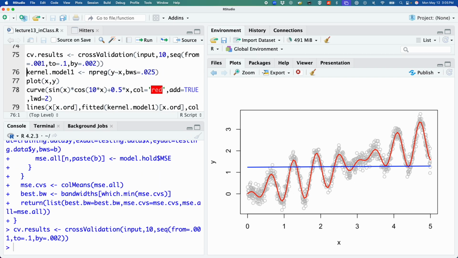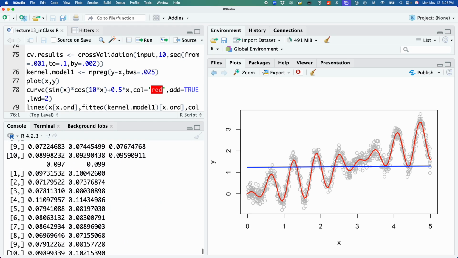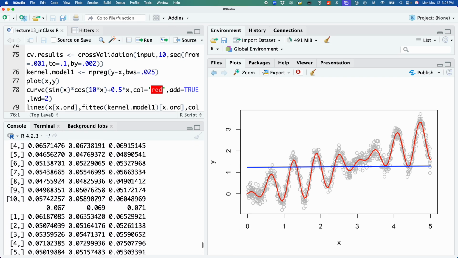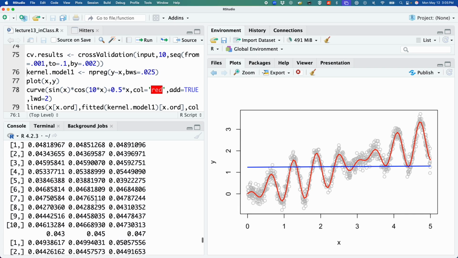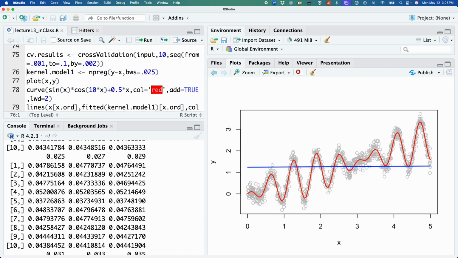I don't remember what this spits out here. Okay, yeah, across a whole range of these. And if you look at the lowest average mean squared error, I think it ends up being this one, 0.025.